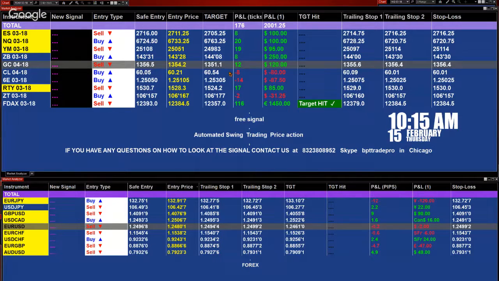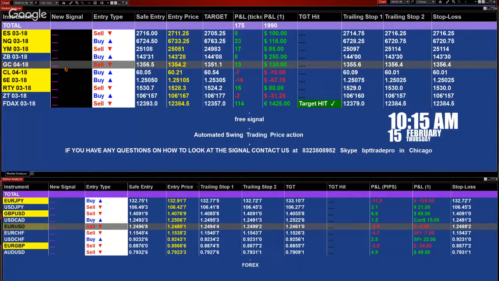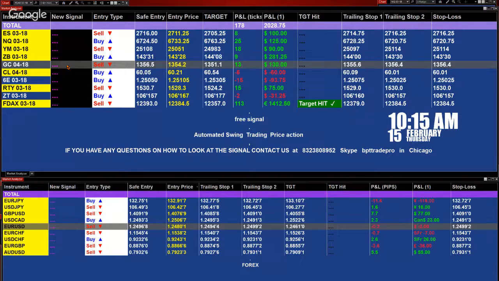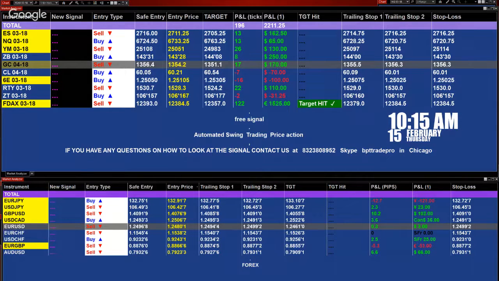I have no idea who's out there, but a couple minutes ago we had a signal on the gold, and it was here where it plotted a new signal.